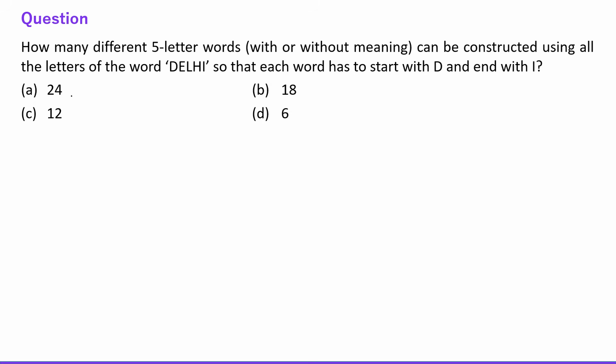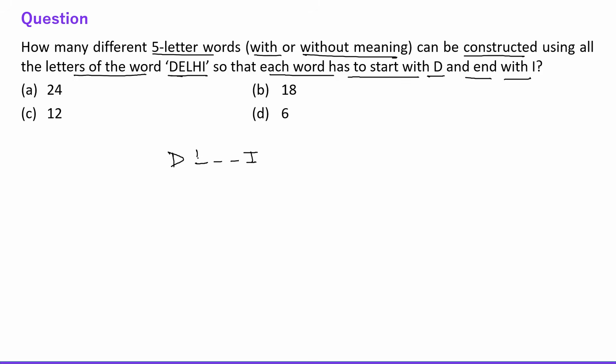The next question is: how many different 5-letter words, with or without meaning, can be constructed using all the letters of the word Delhi, so that each word has to start with D and end with I? So here D and I are fixed.